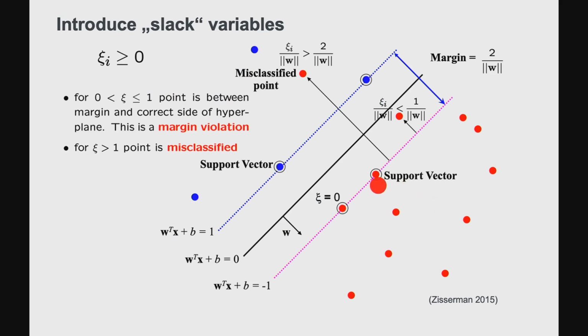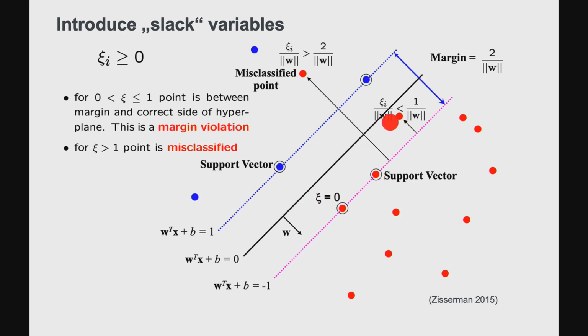Well, the idea is that we do not only have support vectors, but we also have points that violate the margin. So this point here is too close to this discriminant line. And what we say here is that we introduce some slack variables. So 1 divided by the length of w was the distance to the support vectors.